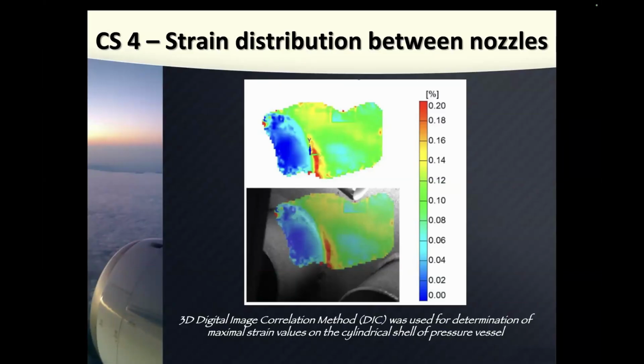We used very fast cameras to record what's going on. As you can see, these two nozzles are close together, and the correlation method revealed that this is the position of the maximum strain, which was about 0.20%, and this was the reference I used in my calculations to check boundary conditions, applied pressure, and the quality of the model.